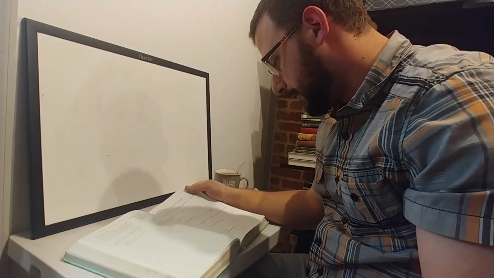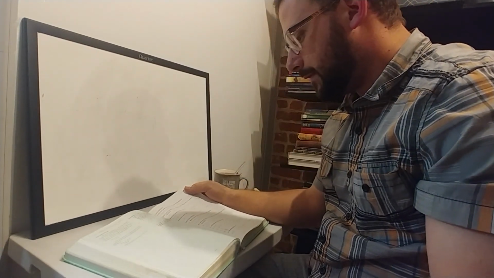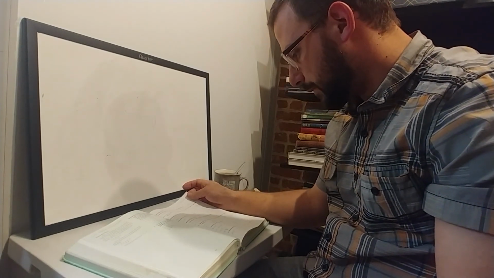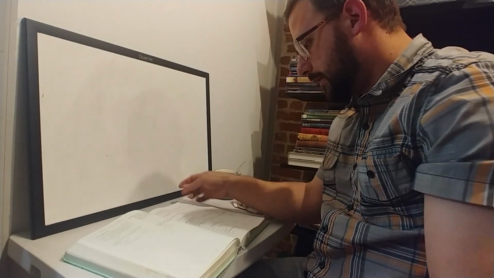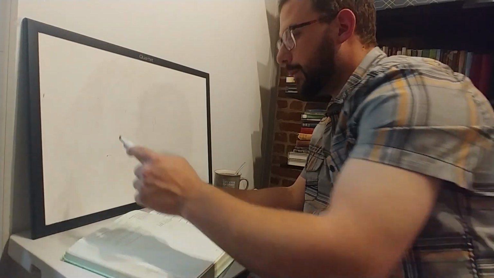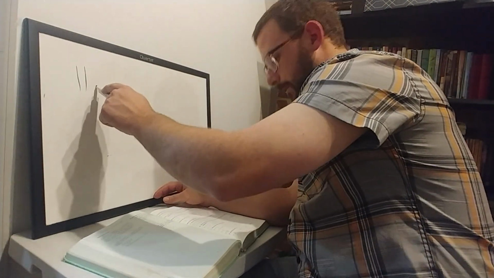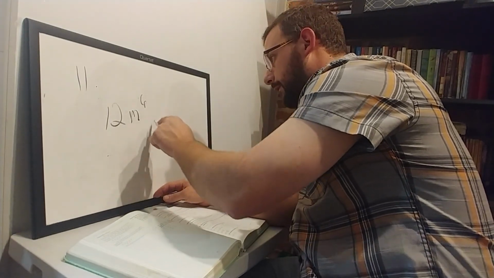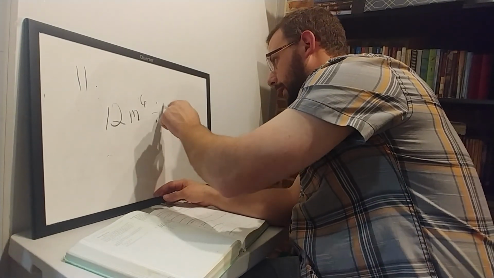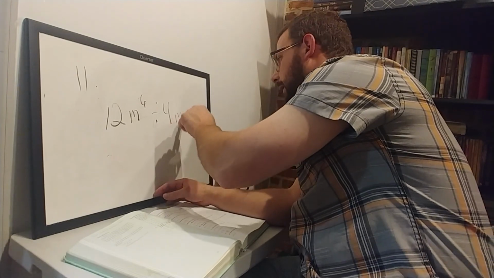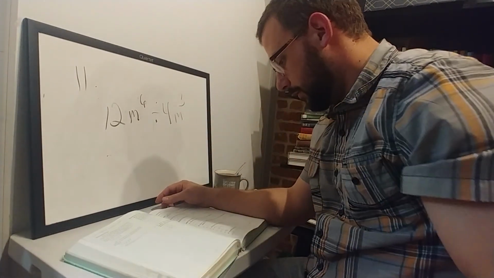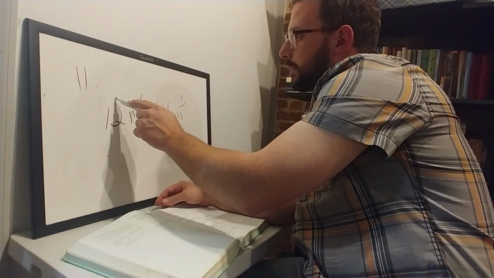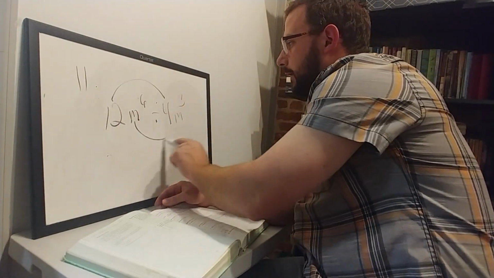And then in part C, they give you a whole bunch of, oh, okay, so let me show you one like this. Number 11, number 15 is similar too. So number 11, we have 12m to the 6th divided by 4m cubed. So you'll need to divide the numbers and then do this.